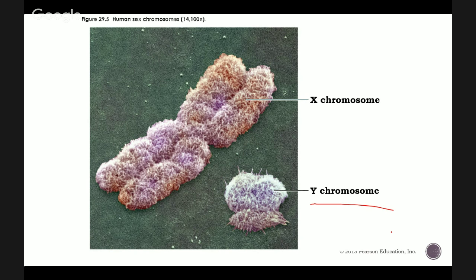It can't carry as much genetic information as the X. So the allele for color or normal vision can only be carried on the X chromosome. There's only room on the X, not on the Y. There's not enough room. Does that make sense?